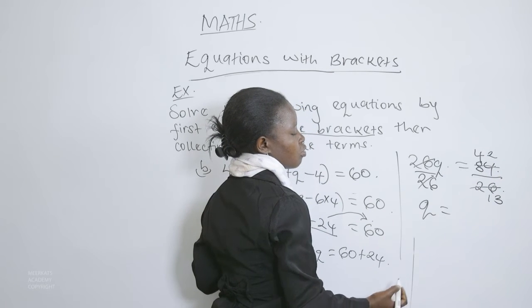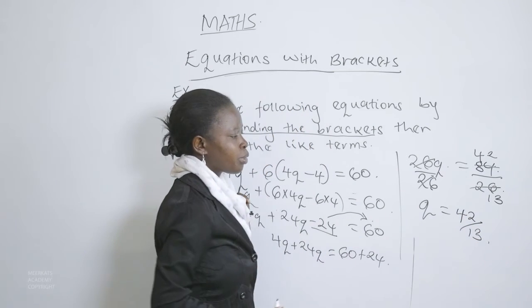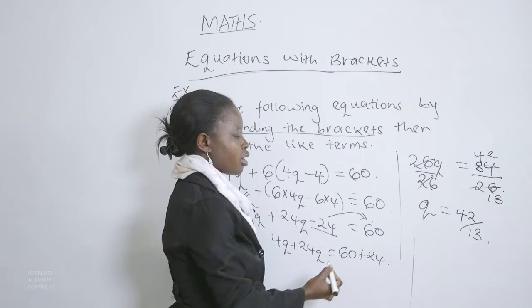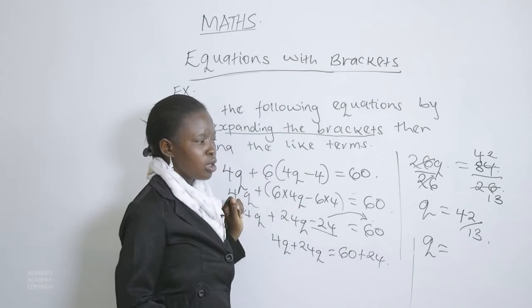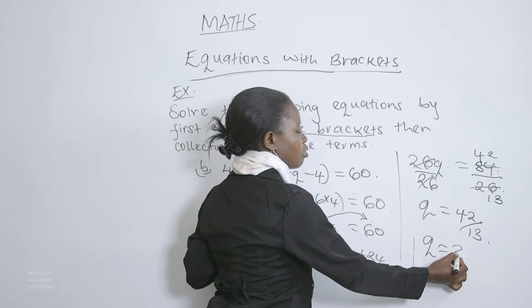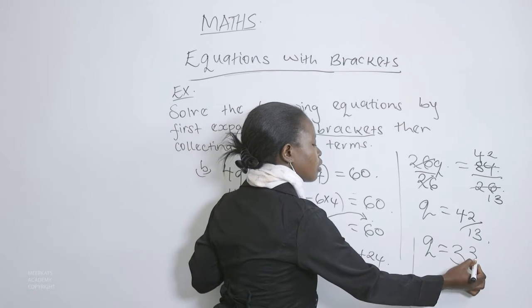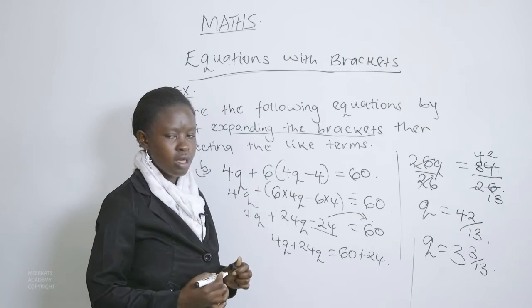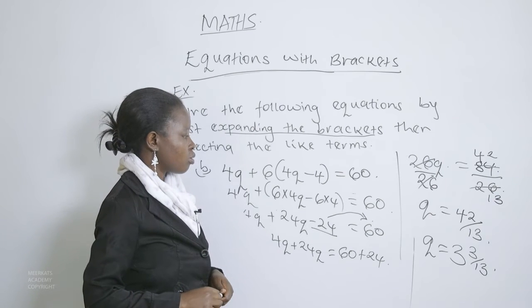So 42 over 13, we don't have any other common number that can simplify. So it gives us an improper fraction. We can convert this into a mixed fraction, so that 13 into 42 is 3 times because of 39, and you are left with 3 out of 13. So as a mixed fraction, we can have 3 and 3 out of 13 as the solution.